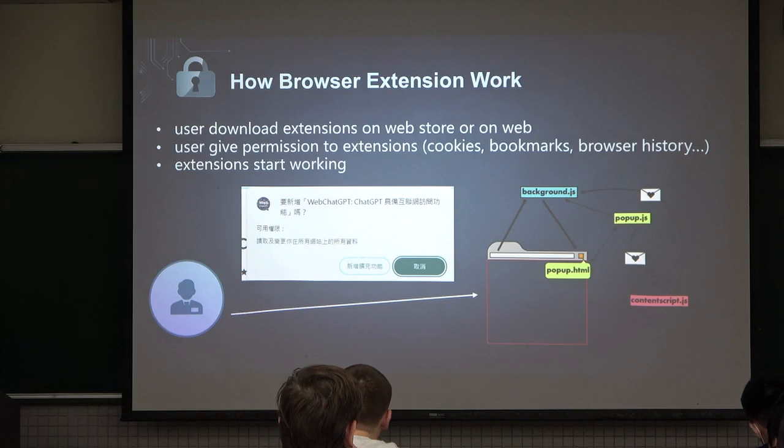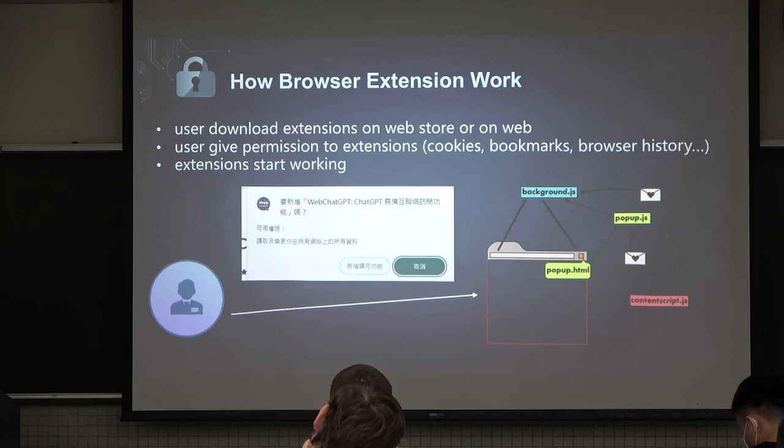Then the extension will ask for permissions, like access to cookies, bookmarks, or web browser history, and the user gives permission to it. The extension will start working along with JavaScript and customize the browser. It will interact with the browser and the user to create a customized browser.